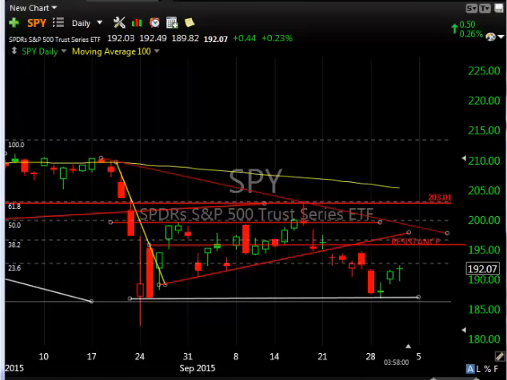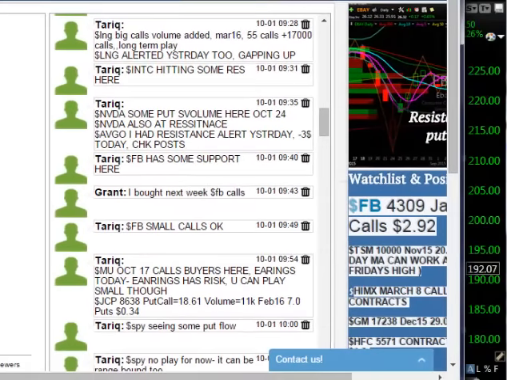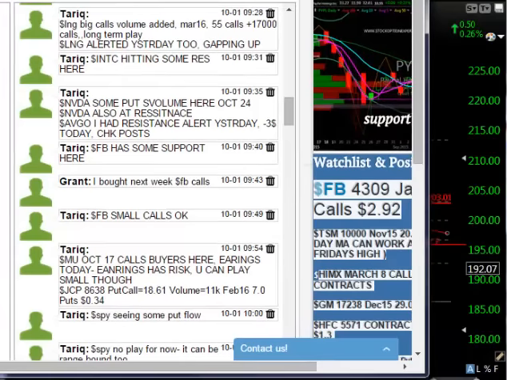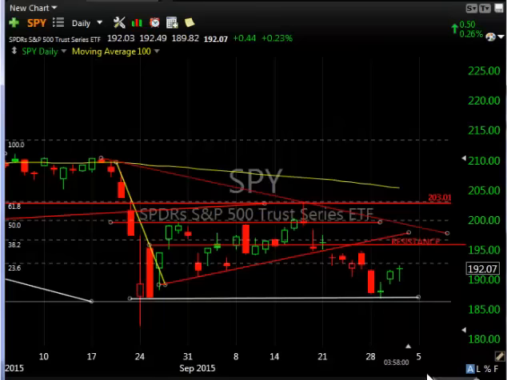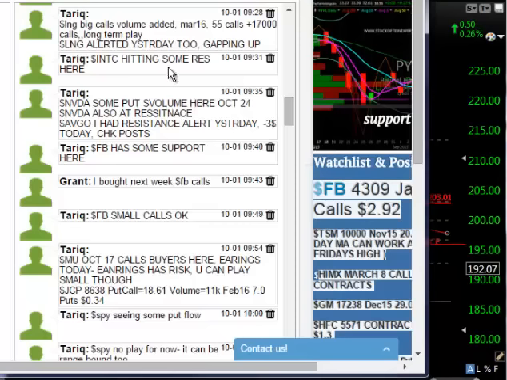If you look at it, the first alert was right straight from that chart. If you are one of the members, this is what you got this morning. This is how it played out right at open.